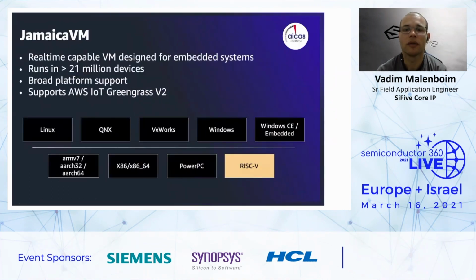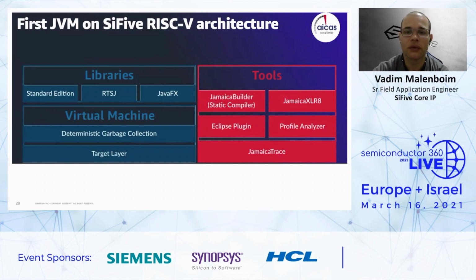As part of the demo bring-up, a Java virtual machine was brought up on the SiFive RISC-V core by Ajax. This is the first Java virtual machine running on a RISC-V and showcases the wide range of usages the RISC-V architecture can be adopted to.